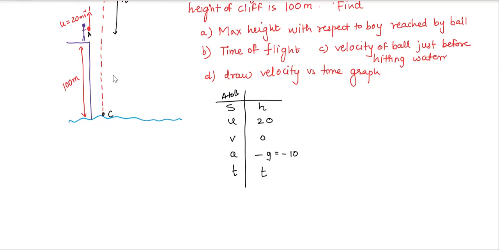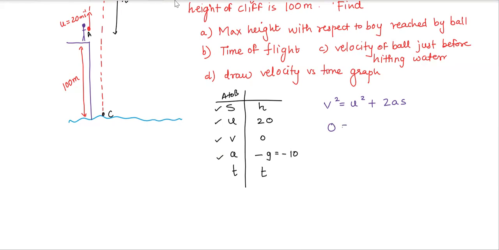Now, since I don't want to find time, I just want to find the maximum height, I need an equation that uses the other variables. So I will use this equation, v squared equals u squared plus 2as. Now this does not have a time, so I can plug in all the values.